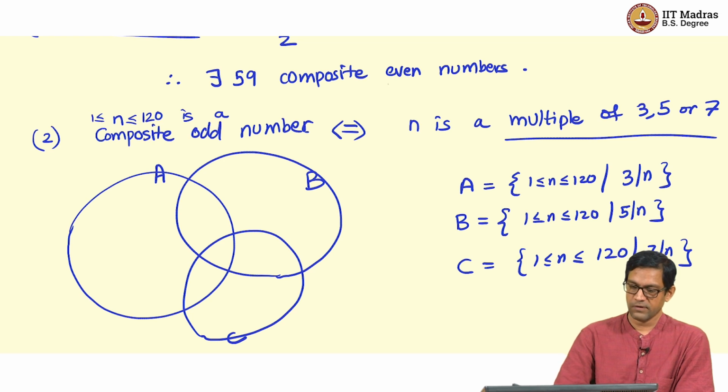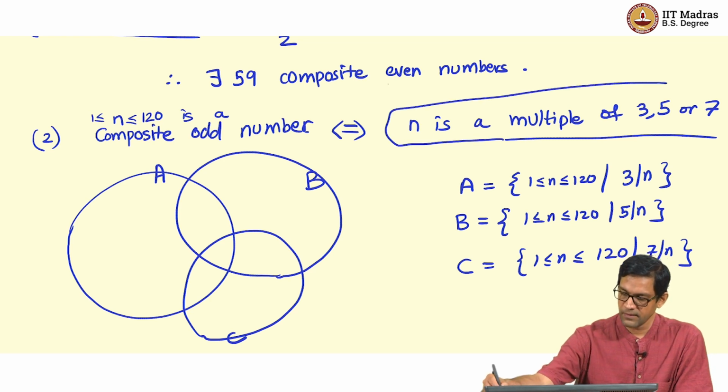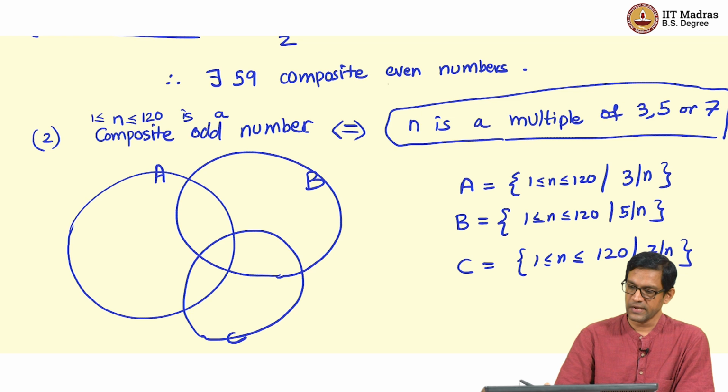Now observe, there will of course also be numbers in A intersection B, B intersection C, C intersection A, and also in the threefold intersection, because numbers can be divisible by both 3 and 5, for example. So what is it that we want to do? We want to find out how many numbers between 1 and 120 are divisible by at least one of these 3.